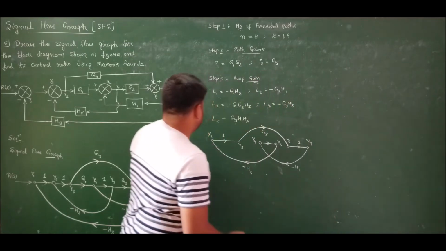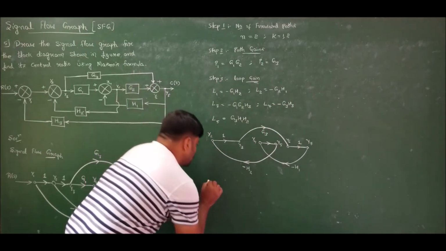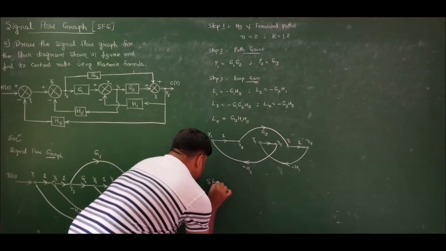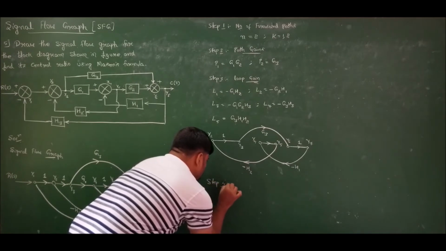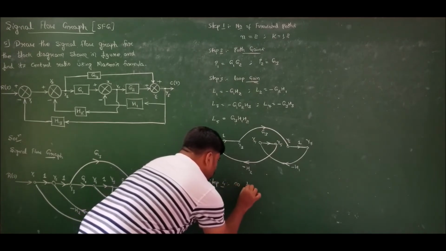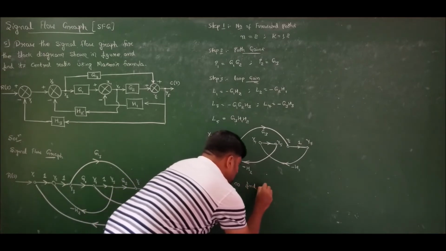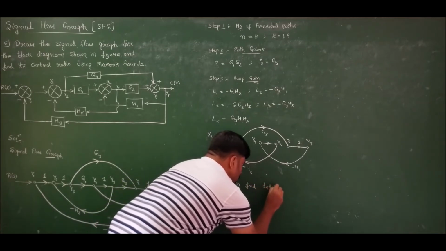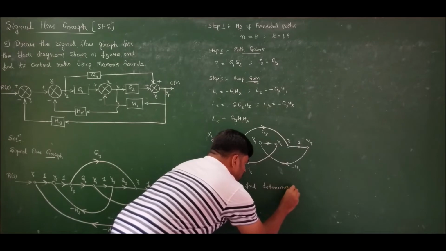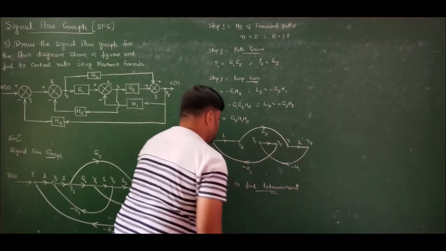Next, moving ahead to step number 4, to find the determinant of the graph, that is the value of delta.